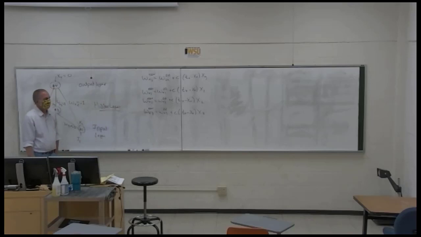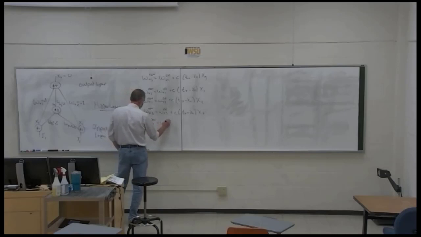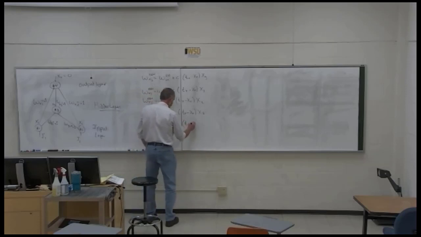So far, so good. I'm just using the I's and J's matching the numbers, right? And notice I started with the weights going to the output. That's typical. It makes sense because we know the error up here, so you start that way. Now let's go down to W31.